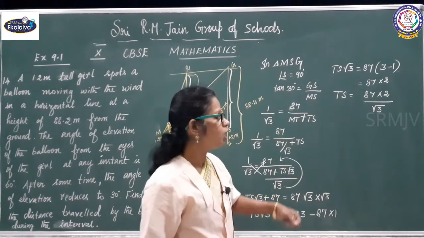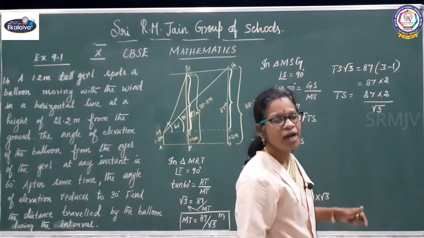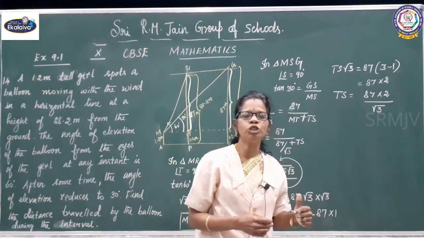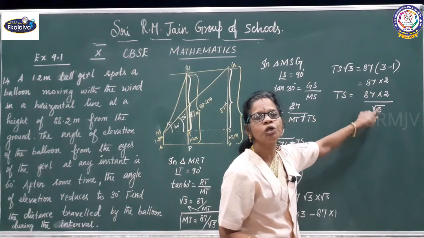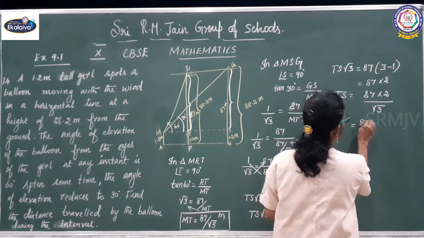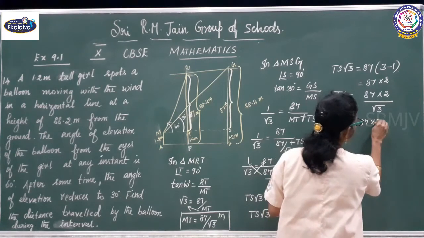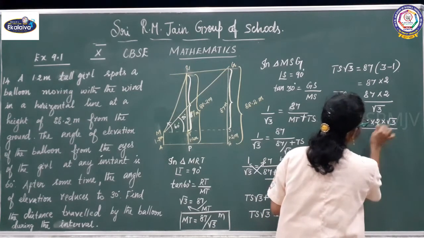Now you are going to rationalize the denominator. Rationalize the denominator means what? You have to use this irrational number and multiply your numerator and denominator. So 87 into 2 into root 3 divided by 3.